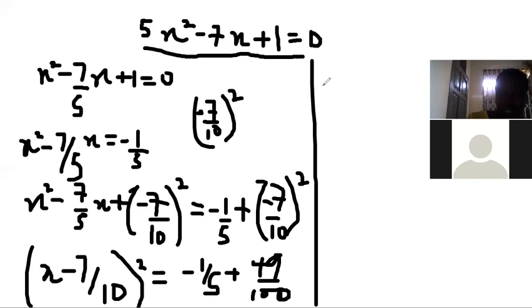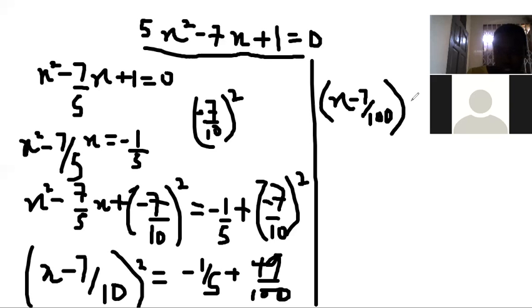So you are going to get x minus 7 all over 10 squared is equal to 29 all over 100, sorry. Now, because here was a square, we take away the square, so we come and root this one.